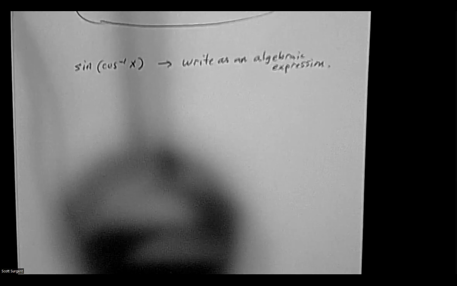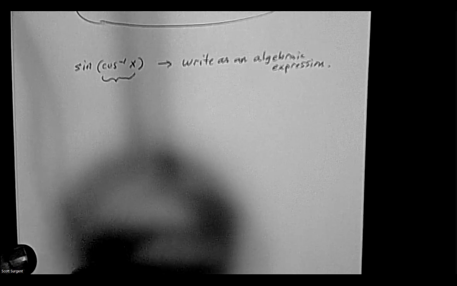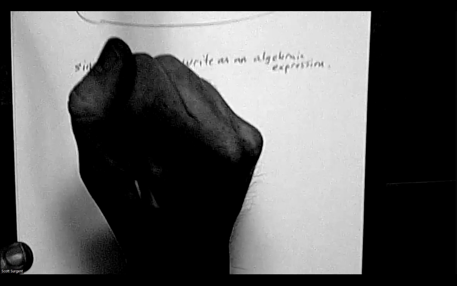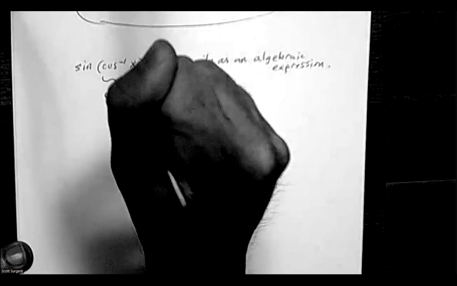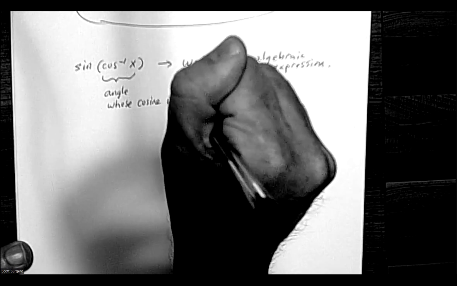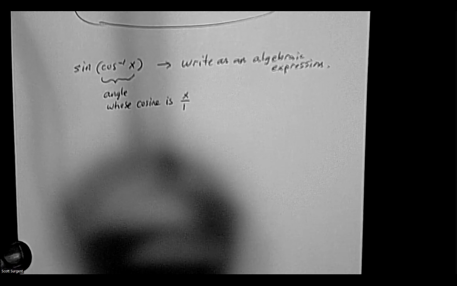Okay, so this is a good time, let's look at this thing, big picture. Cos inverse is the same as arc cos. So arc is kind of the word you can use also. It's the angle whose cosine is, and again, I'm going to use the fraction form, x over 1, because I'm thinking cosine, I'm thinking adjacent over hypotenuse.